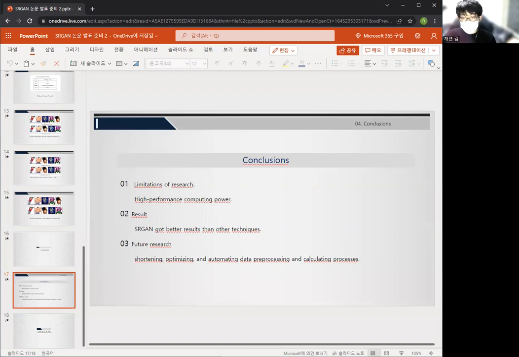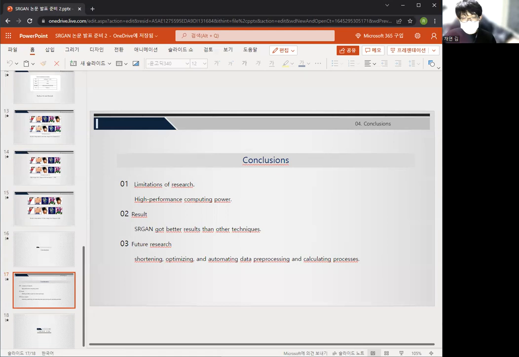However, a limitation of the proposed technique is that it is difficult to apply if the conditions are not satisfied, because high performance computing power is required to process data.